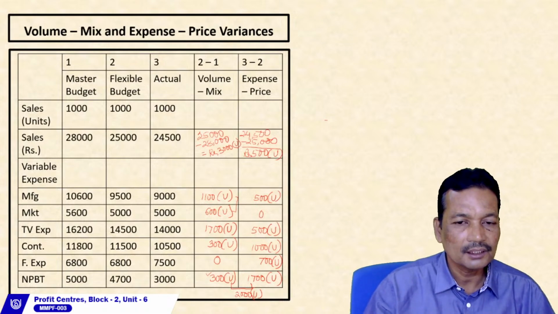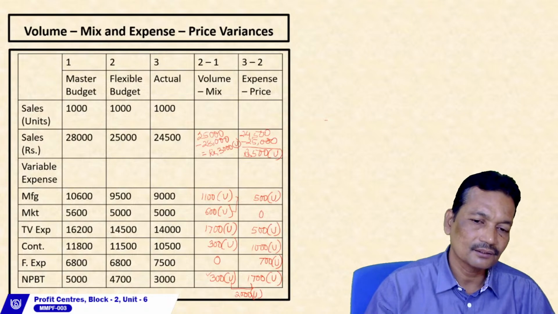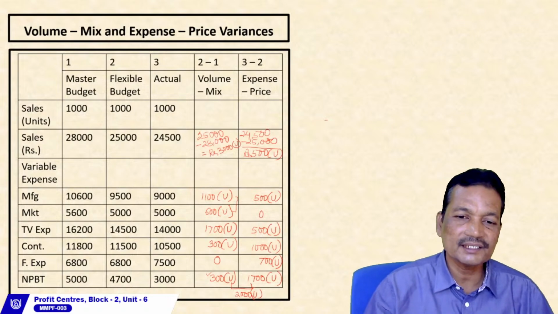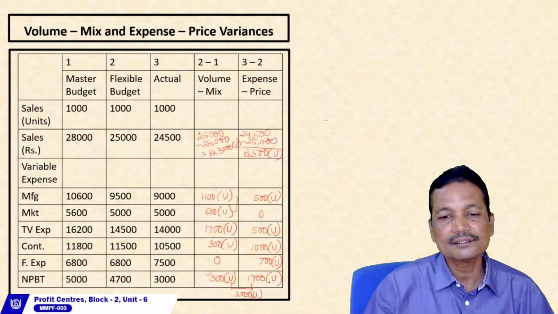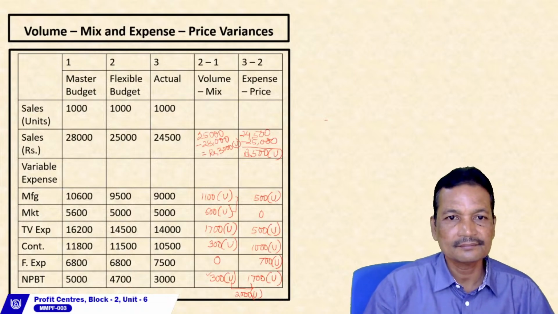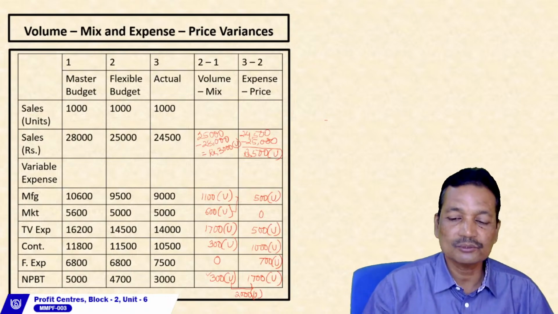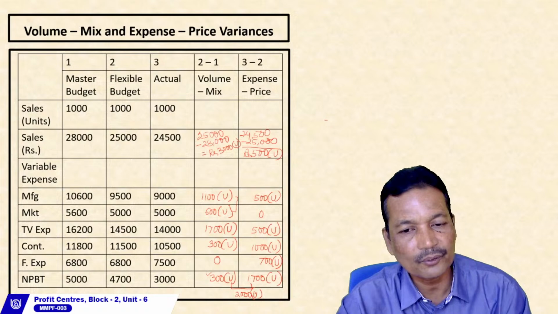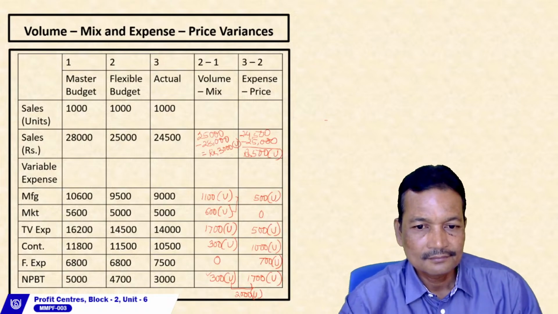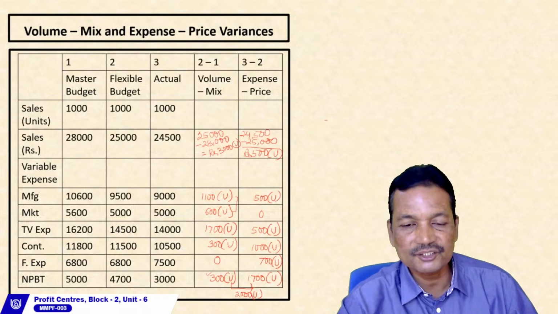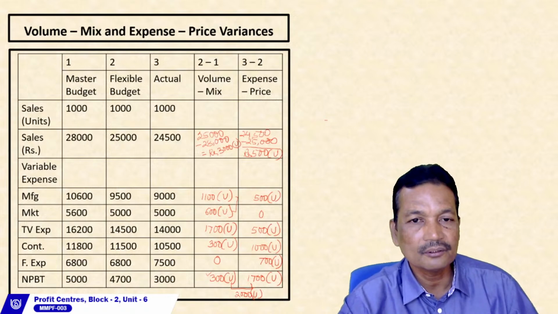We saw in the previous slides, yes, the change in units sold as well as the change in price has some kind of impacts. So the volume and expenses together, they give you 2,000, the change in profits. So mainly the prices are affecting much as compared to the volume.